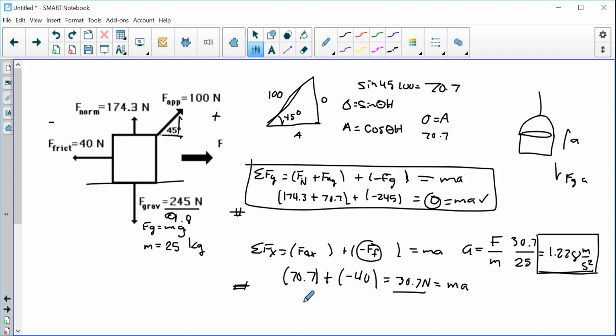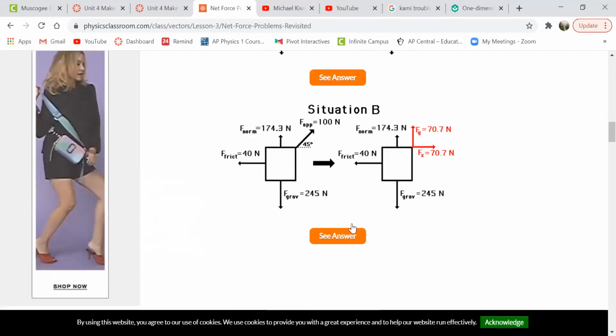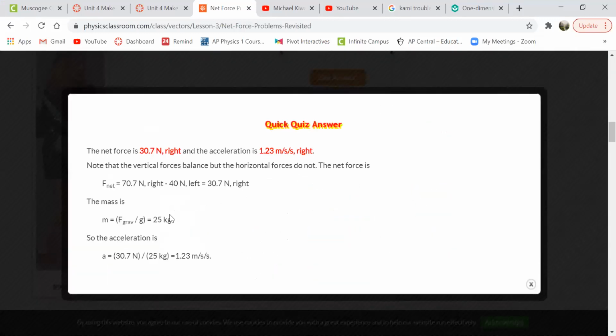And the last few things I wanted to mention, just as a reminder, I did not bring these up for no reason. The Physics Classroom, this website right here, is very, very useful. So we can check our answers that we just did, and it's going to tell us that we've got 25 kilograms, 1.23. So they rounded up to 3, but this is the acceleration that they found.